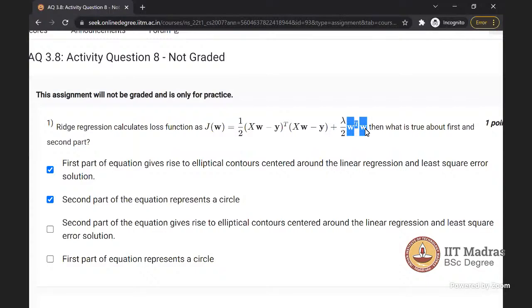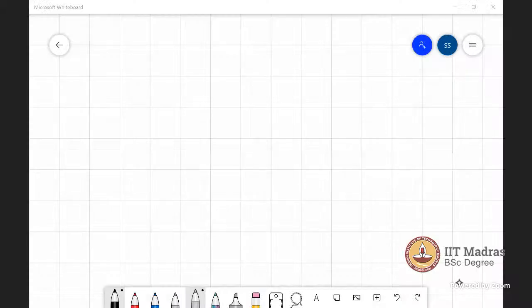Okay, I can't imagine. Let me see if I can draw some figure quickly. Can you see this screen?